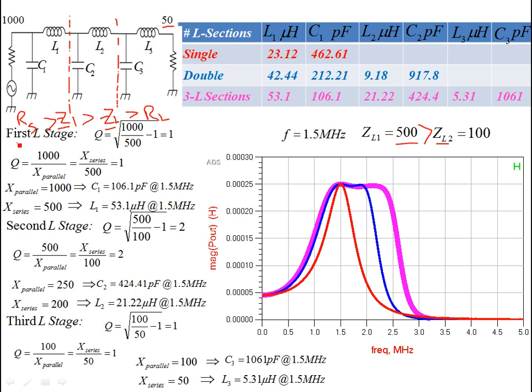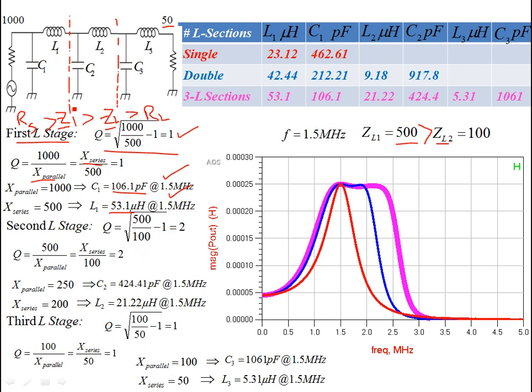So for the first stage, you find the Q, and you repeat the same procedure as we did for the double L matching section. Your high impedance is 1000, the low is 500, find the Q. Then from the design equations, you find the parallel and the series reactive elements at 1.5 megahertz, which happens to be the design frequency. Find out the capacitor and the inductor values, L1, C1.